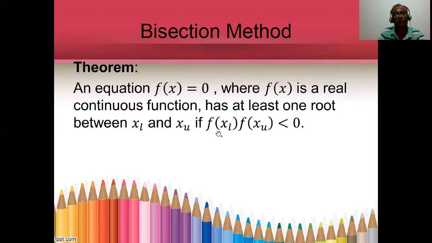These are all of opposite signs. f of xl and f of xu are of opposite sign. If this is positive, this is negative. If this is negative, this is positive.